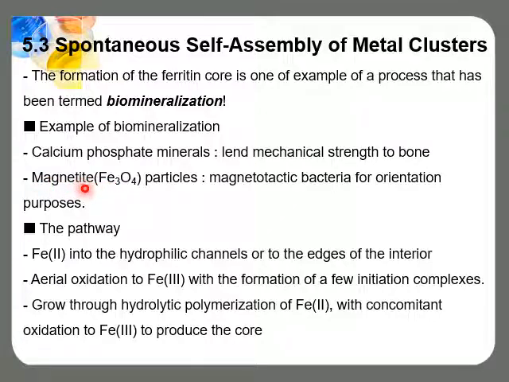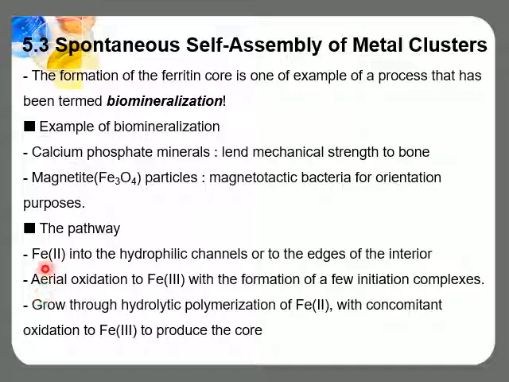And another example is the magnetite particles made by magnetotactic bacteria. They produce small nanoparticles of iron oxide through biomineralization. And let's look at the pathway of the biomineralization for the ferritin core. Iron 2 plus goes into the hydrophilic channels or to the edge of the interior. So iron 2 plus can get into the protein through the hydrophilic channels.